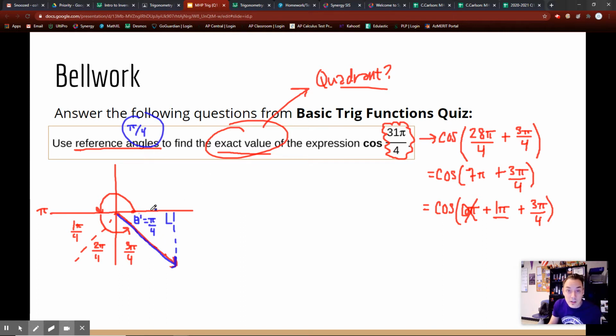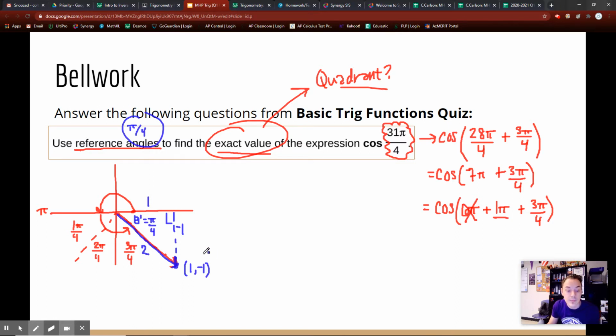Well, I build my pi over 4 triangle, my 45 degree triangle in quadrant 4. So this is 1, this is 1, this is radical 2, but I need a negative here because it goes down. Remember, this point right here would technically be 1 comma negative 1. Goes over and then down.